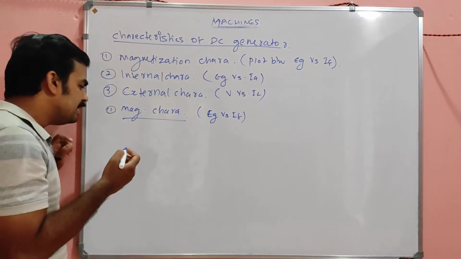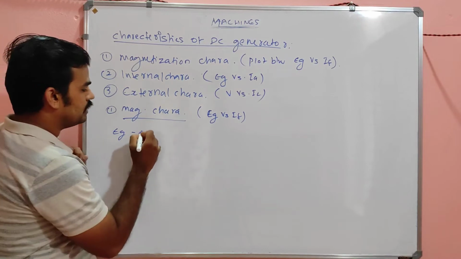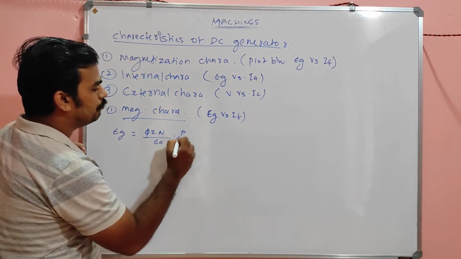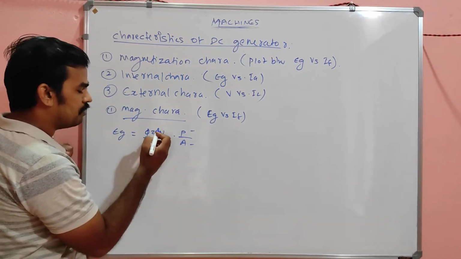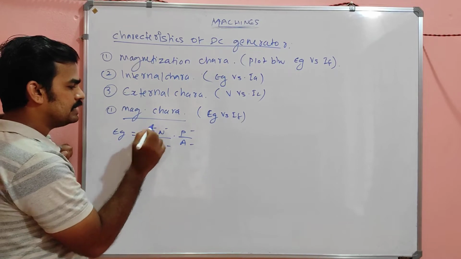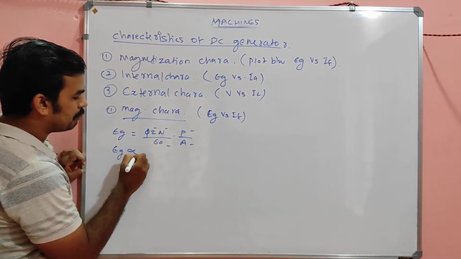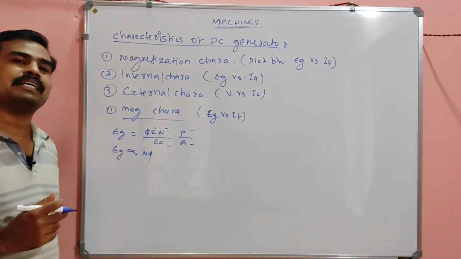Okay, so we have the basic equation of generator: the generated EMF Eg is equal to phi Zn by 60 into P by A. Am I correct? P is constant, A is constant, 60 is constant, and Z is also constant, correct? So we can say that Eg will be proportional to N phi.